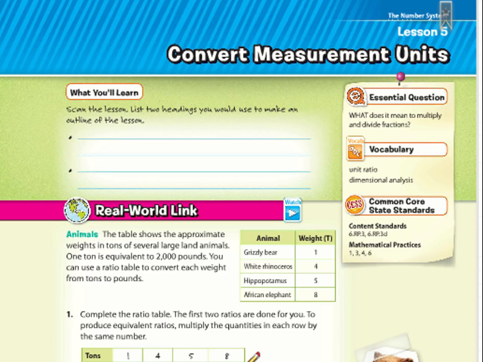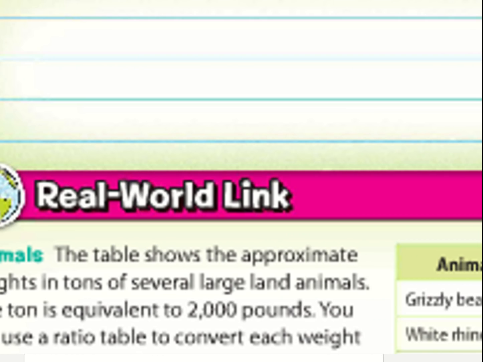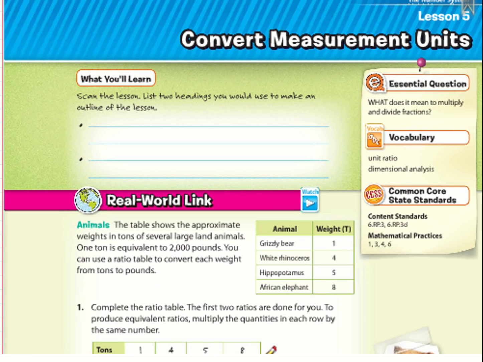Hello everyone, welcome to chapter 4, lesson 5. We're going to be converting measurements of units. Now this is a tough lesson, so it's very important that everything we go over, we really focus. So we're going to be converting larger units to smaller units.